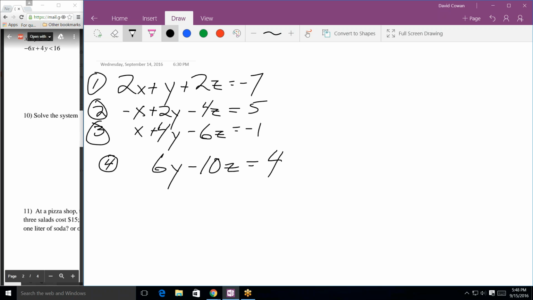Correct. Now, for equation 5, we have to use 2 different equations. We can't use 2 and 3, but we want to eliminate the same variable. So we have to either use 1 and 3 or 1 and 2.